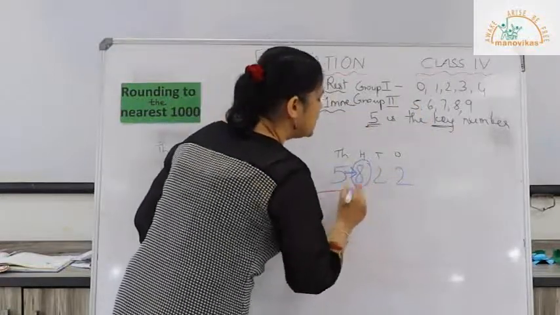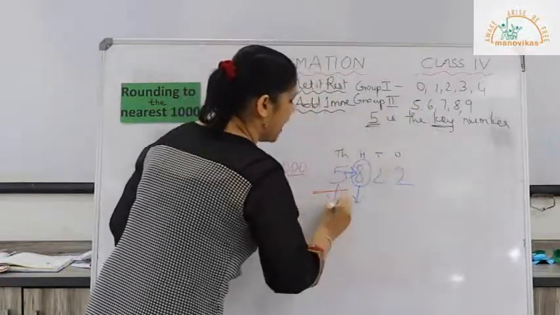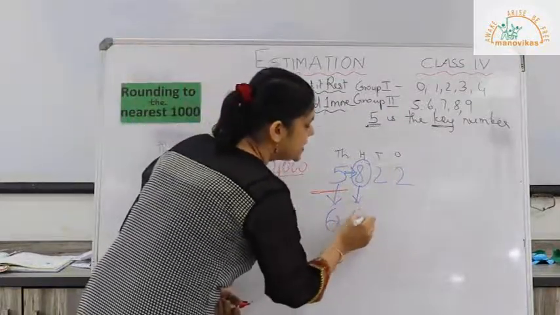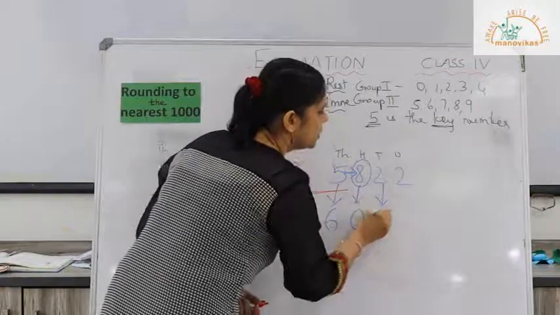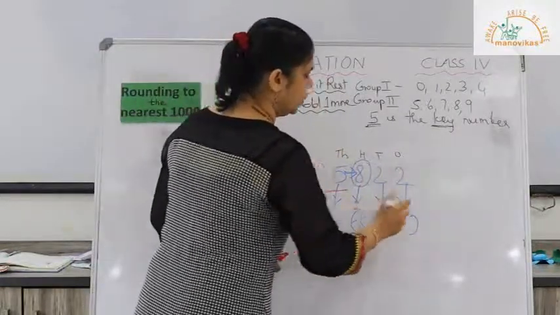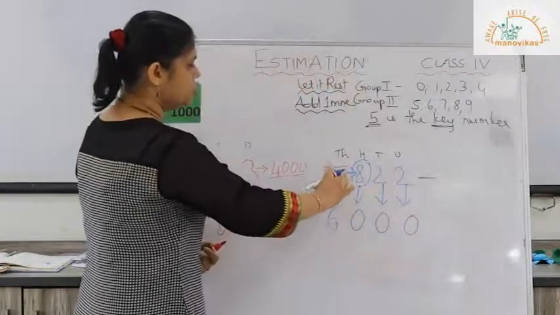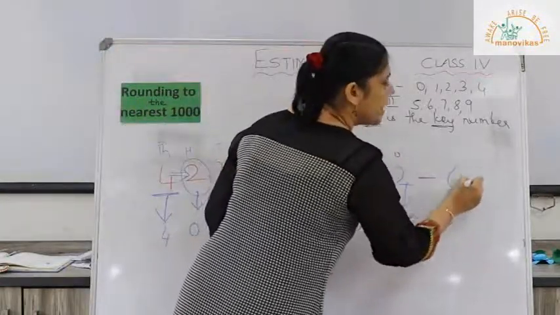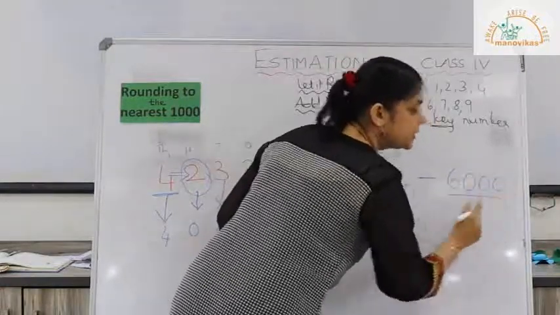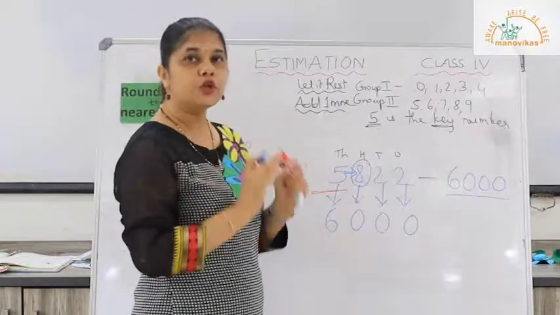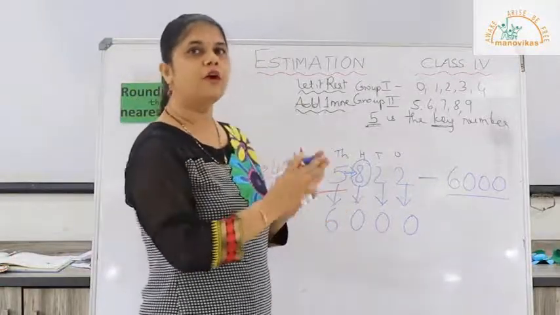So, since 8 is in group 2, 5 will become 6 and the rest of the digits will become 0. So, 5822 rounded up to its nearest 1000 will become how much, children? 6000. Have you understood? By now, I'm sure you have understood this concept of rounding up.